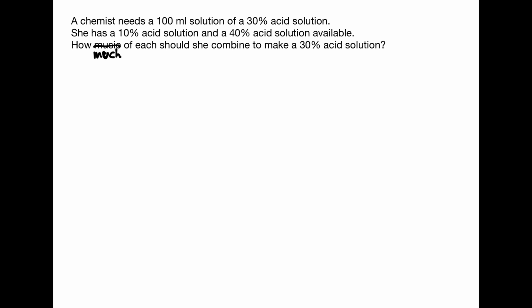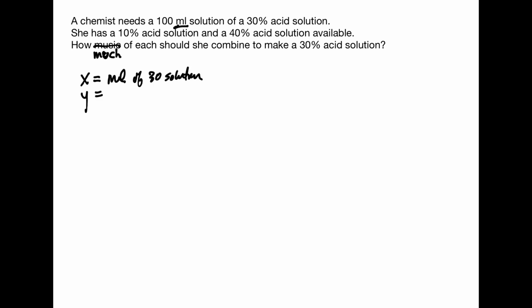So how much of each should she combine? So we're looking for a quantity of each. Now the quantities in this case are being measured in milliliters. So I'm just going to say X is going to equal the milliliters of the 30% solution. Actually, no, I'm sorry.